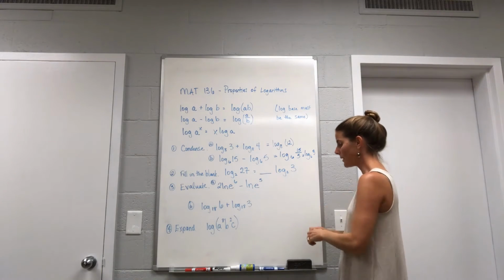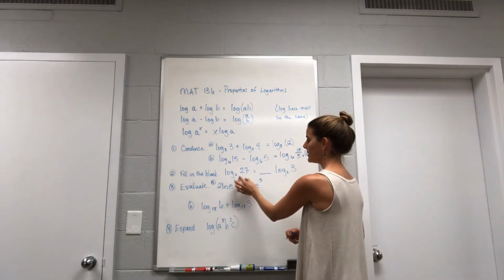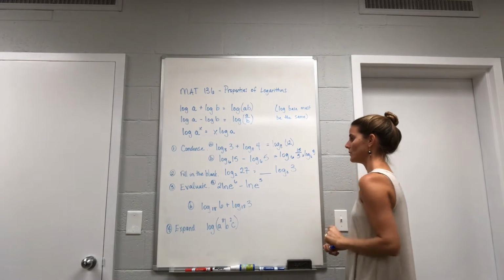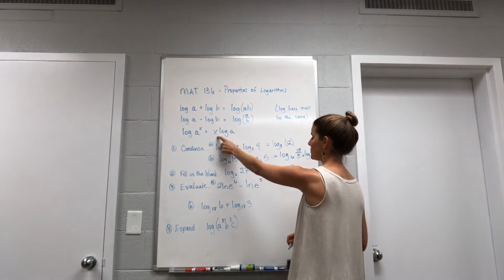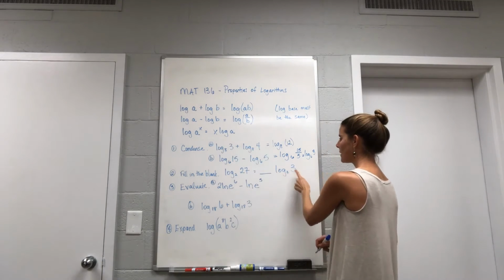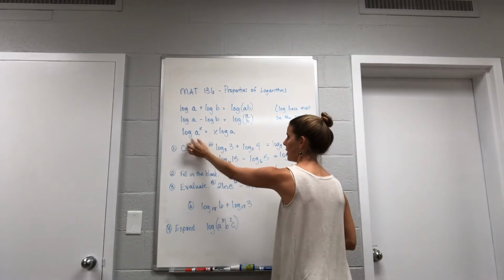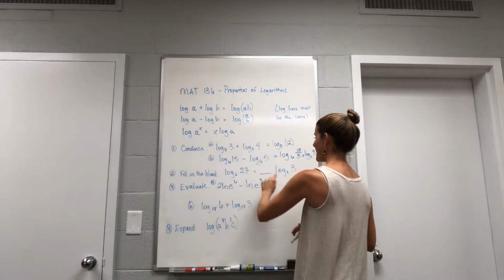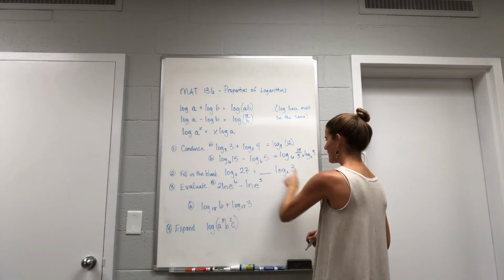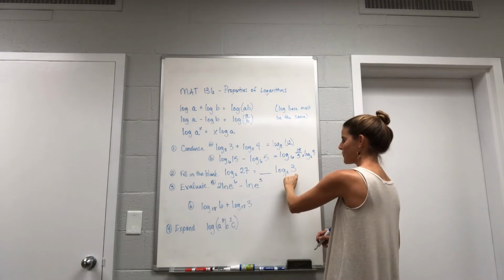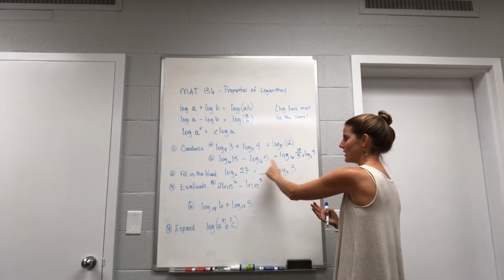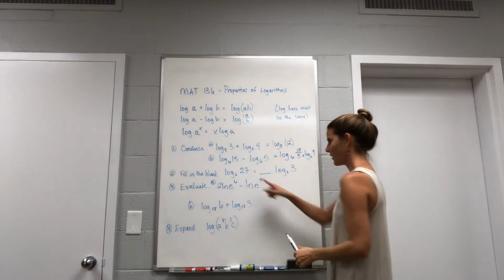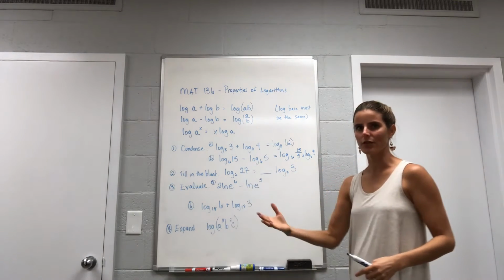All right, fill in the blank. Log base 2 of 27 equals blank log base 2 of 3. This is using this rule where we have something times that. So if you look at this, log base a to the x equals x log a, we basically want to know what power we're using here to get 27. So we can rewrite or think of this 27 as 3 to the 3rd power.